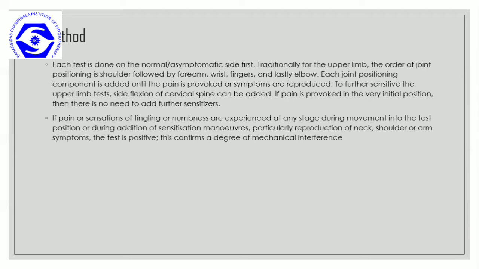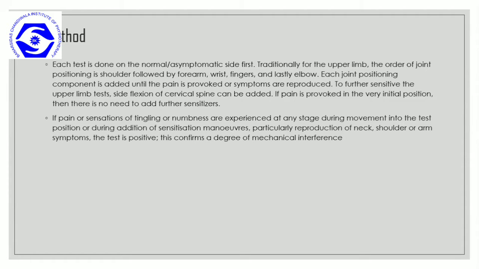The method which is followed, and which you have to follow, is that whenever you start neurodynamic testing, you do not start on the affected side. Make sure that the neurodynamic testing is first done on the normal side, and the positioning should be correct.